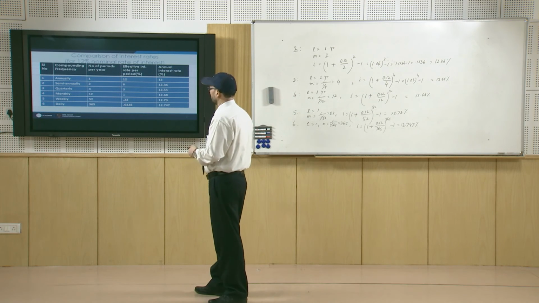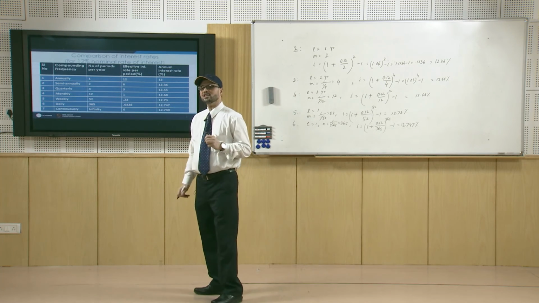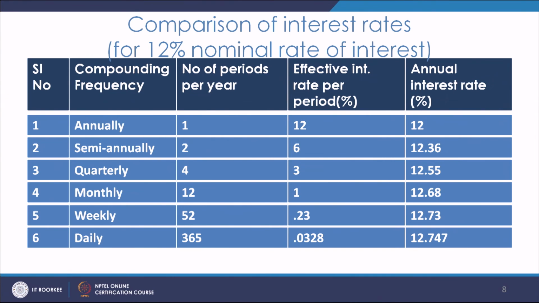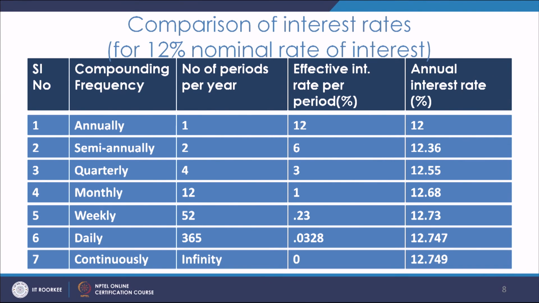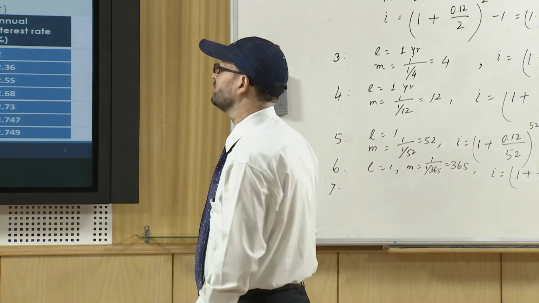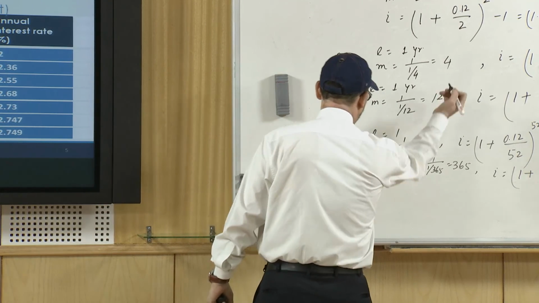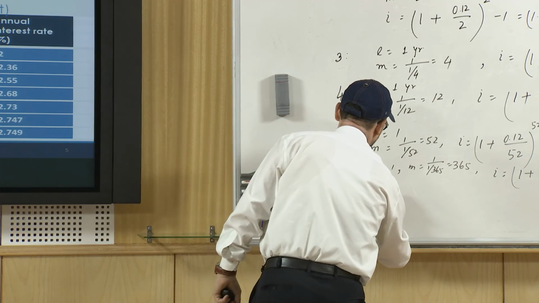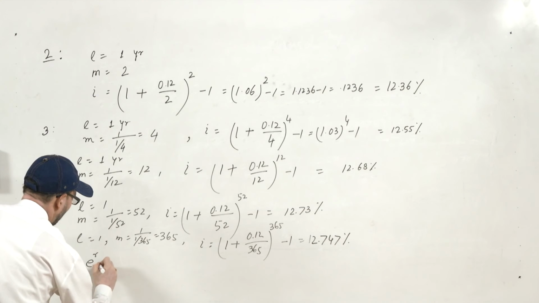Now, if you go for continuous compounding, since we are calculating the annual effective interest rate, we know that the formula is I equal to e raised to the power r minus 1.